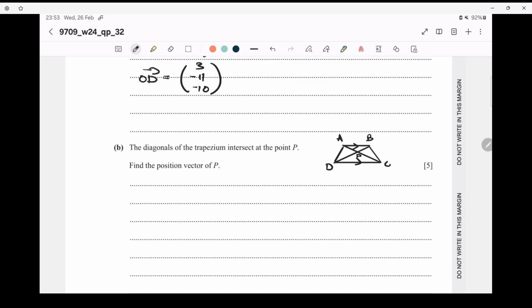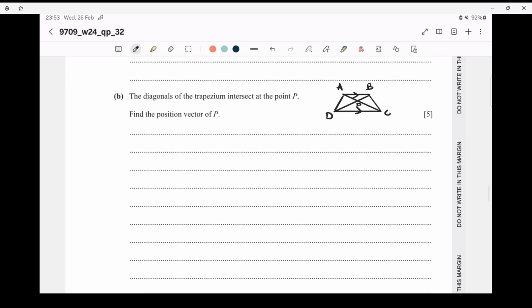So it means that this is actually a similar triangle. So you can use this approach to find the position vector of P, which I find a bit easier. So you know that DC is 3AB. So the value of 3 is very important because that tells you the ratio.